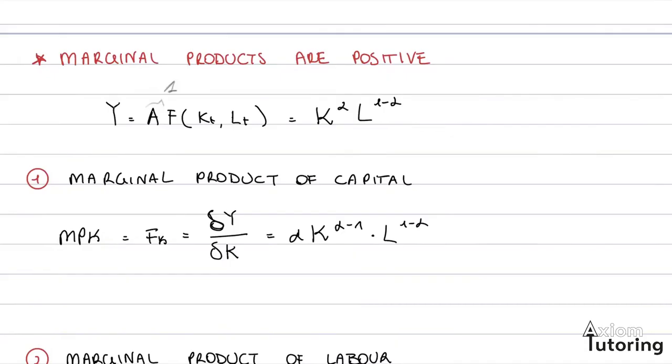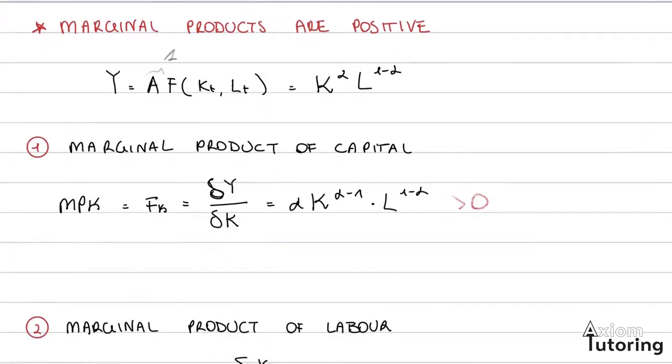And notice that this is going to be greater than 0 because alpha is between 0 and 1, so it's always going to be positive. Hence, we have a positive term. K to the power of alpha minus 1 is going to be 1 over K to the power of 1 minus alpha, which is positive again.